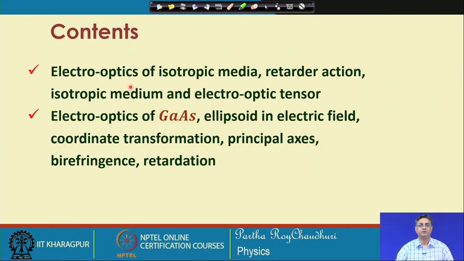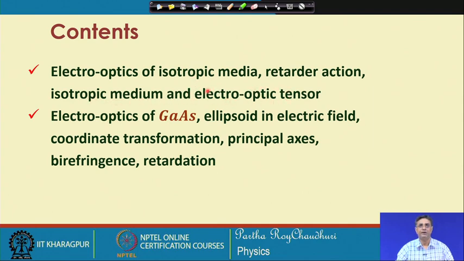First, we will consider the electro-optic effect in isotropic media. One example of an isotropic medium is gallium arsenide, and for this gallium arsenide crystal, we will look at the index ellipsoid and, under the electric field, the distortion of the ellipsoid.